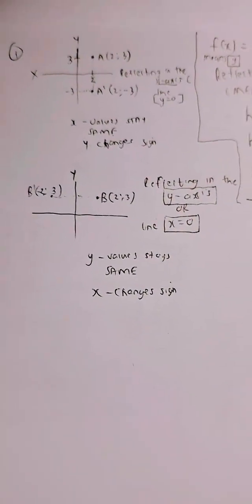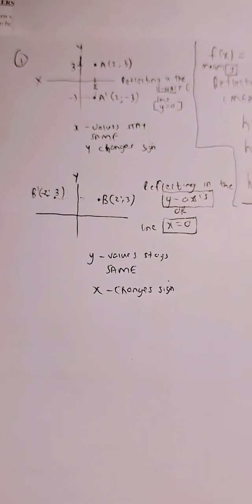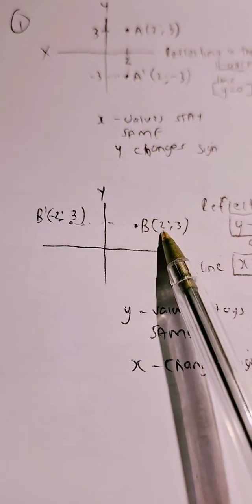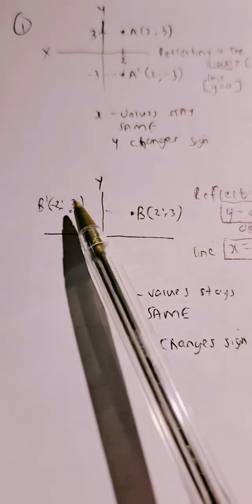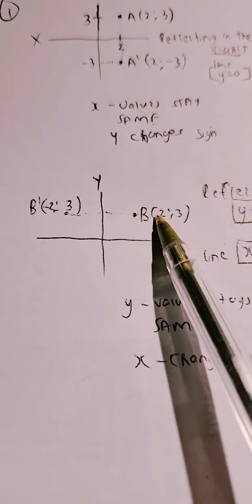In the y-axis. So once again, we listen to the language: in the y-axis. What does that mean? Practically speaking, you remember when we looked at the practical example of reflection in the y-axis, when we looked at the point on the Cartesian plane. We looked at point B and we said if point B is (2; 3) and we reflect that point along the y-axis, what does that mean?